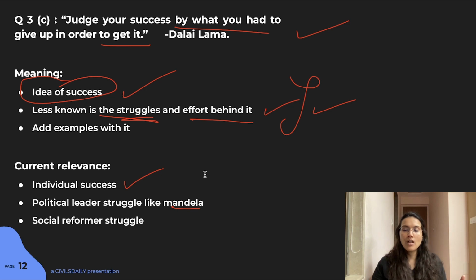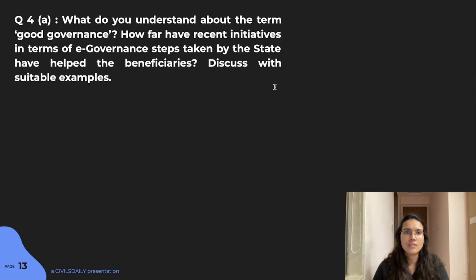Success is judged by multiple patterns, so that kind of argument you can put in your conclusion also. That will add a good dimension to this answer, and you can get these multiple points in the answer.